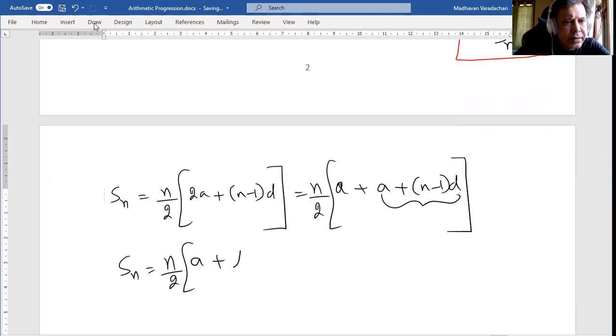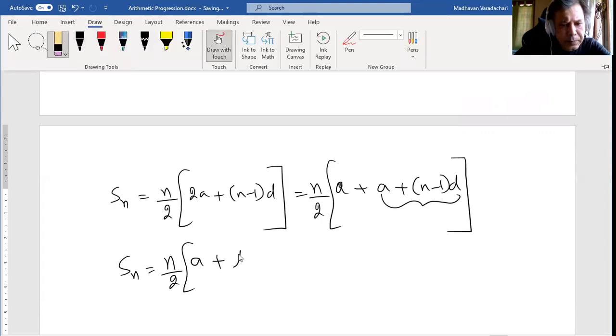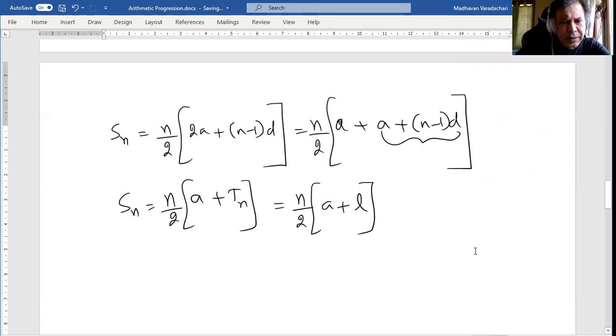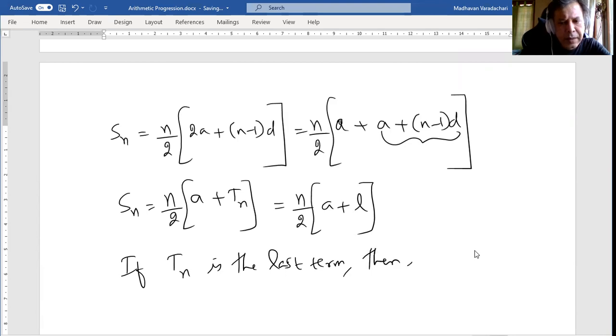I can write that as the nth term, and again that can be written as a plus L. What is L? If the nth term is the last term, then it is denoted by L. That L is getting replaced for Tn here.